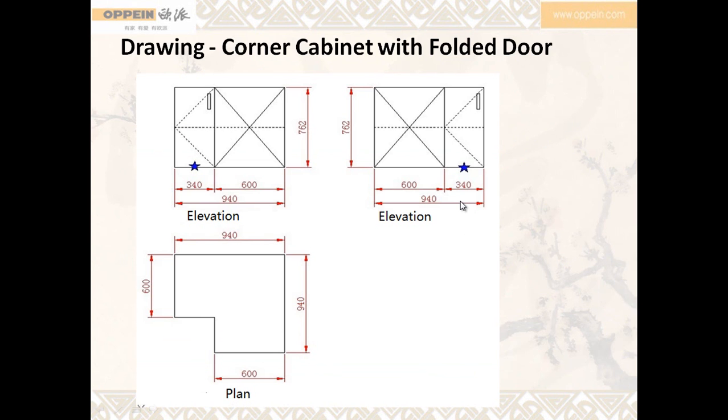Now, let's take this example to learn the pricing of corner cabinets with folded door. From the elevation, we can see the height of cabinet is 762 millimeters. From the plan, we can see the depth of cabinet is 940 millimeters.